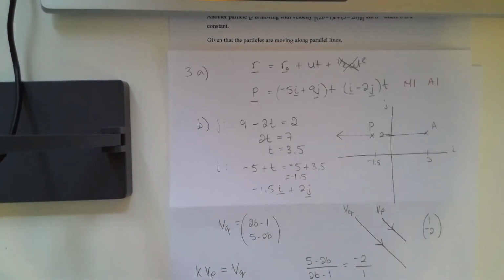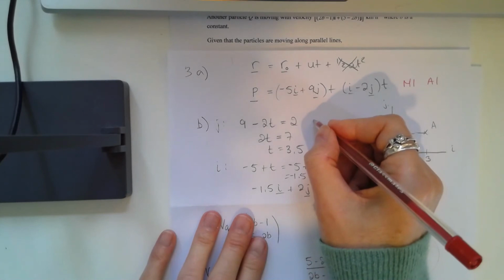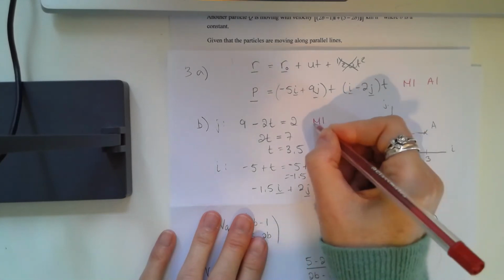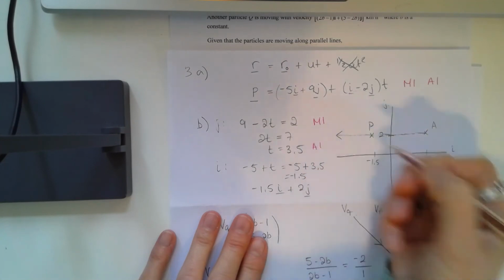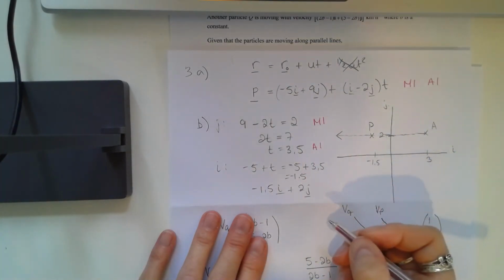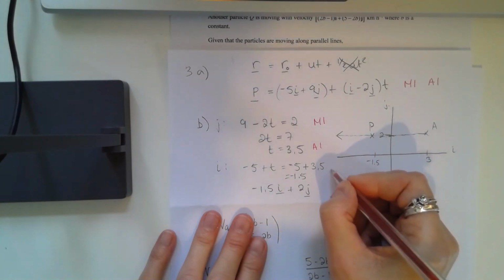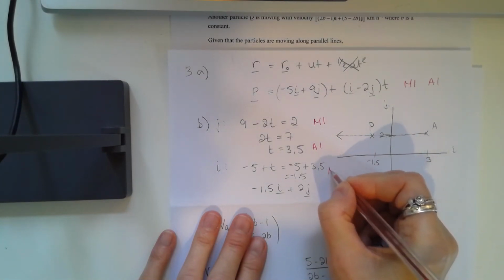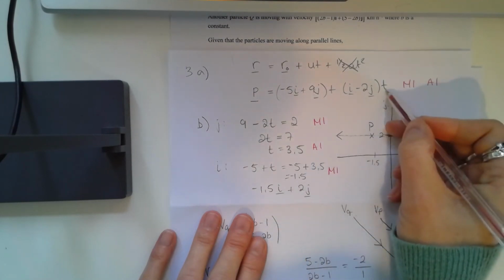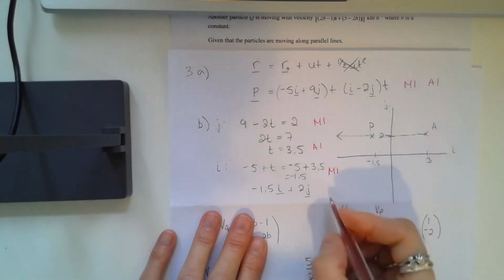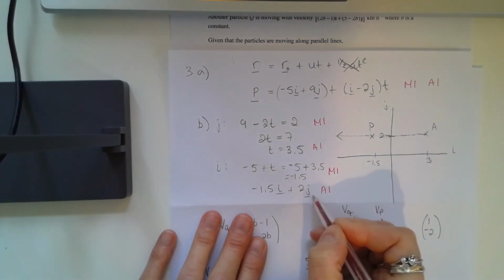For part B, a method mark for equating coefficients of j, so setting up an equation, and an accuracy mark for 3.5, and a method mark for either setting up an equation for equating coefficients of i, or for substituting 3.5 into this equation here, and then an accuracy mark for the final vector correct.